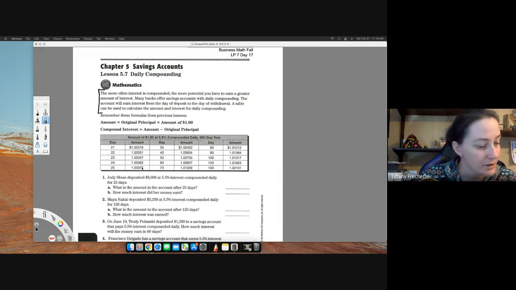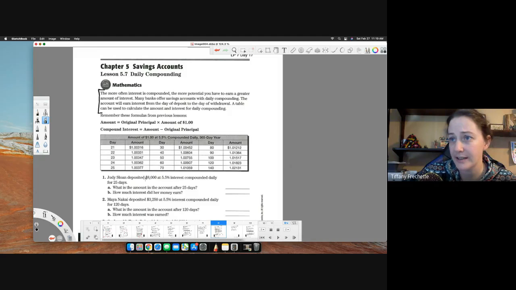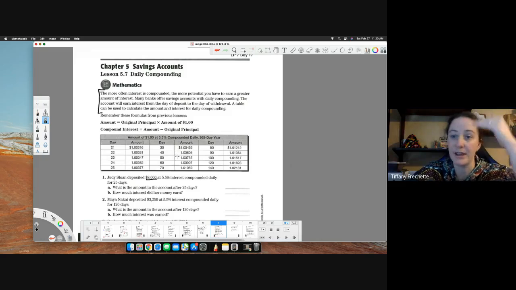So for the first part here, we have 8,000. That's definitely important. 8,000 at 5.5% interest compounded daily. So this is already 5.5% compounded daily. We don't have to do the same calculation we did in Section 6 where we had to divide the percent by the number of times compounded, because this is already divided out for us.